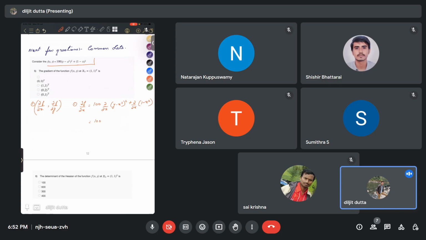So using the chain rule for differentiation, it will be 100 into 2 into (y minus x square), and it will be minus 2x, plus del by del x of... one second, sorry, this is not 1 minus x square, this is 1 minus x whole square, sorry.